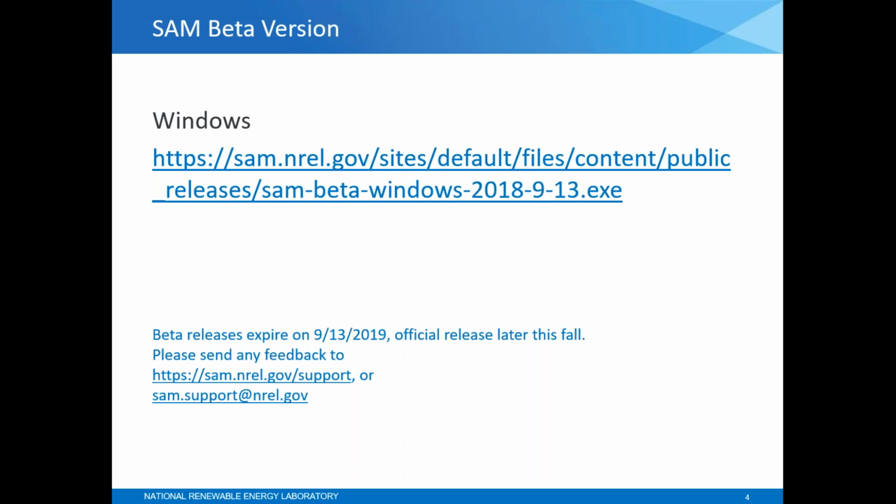So the idea is that you would run this beta version side by side with the current version of SAM if you're using SAM, and just use the beta version for testing rather than for generating any results that you'd be using for anything. If you do decide to help us out with the beta version, we appreciate any feedback, and you can use the support forum or the email address to contact us with feedback.